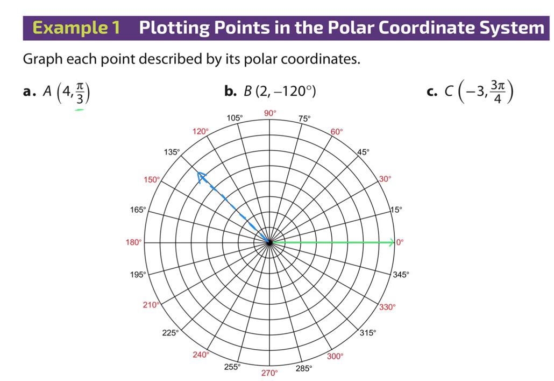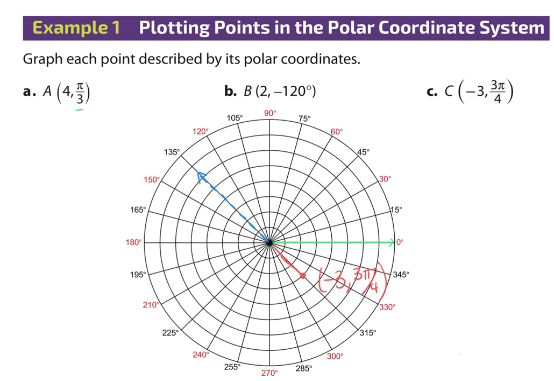So this guy is actually going to be right here. All right, I'm actually moving 3 away from it because it was a negative R. This is why I find my angle first. So this guy would be negative 3, 3 pi over 4.